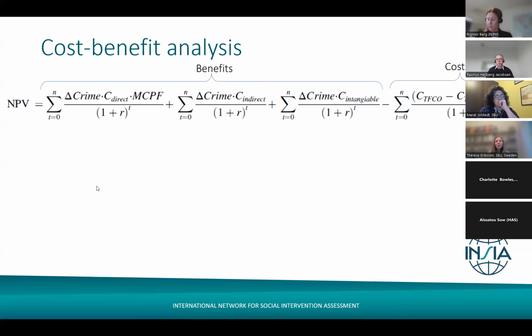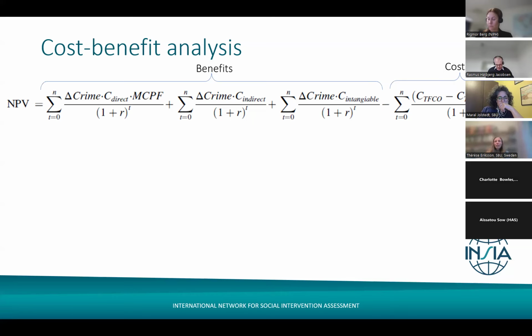So as you see here, can you see my mouse here? Yep. NPV is the net present value. This part of the equation are all the benefits that are generated by this intervention. On this side, we have the costs that are generated by the intervention.